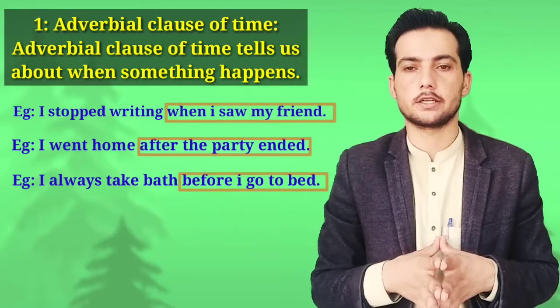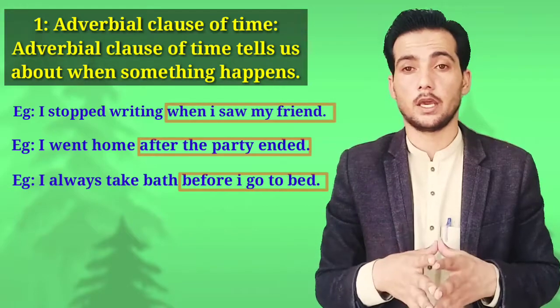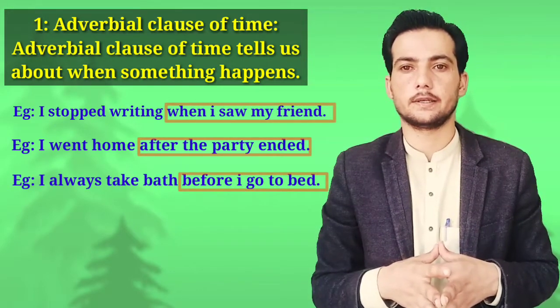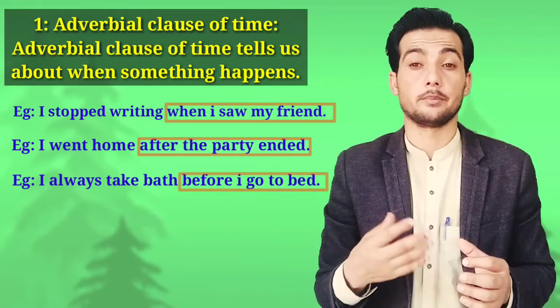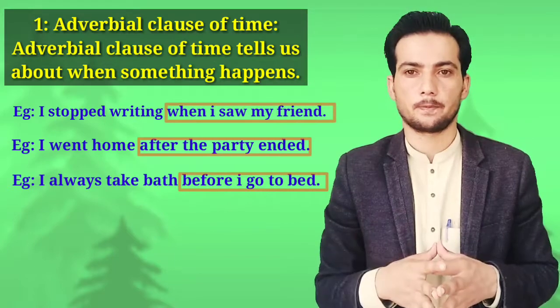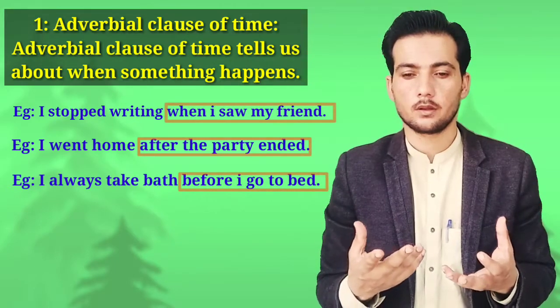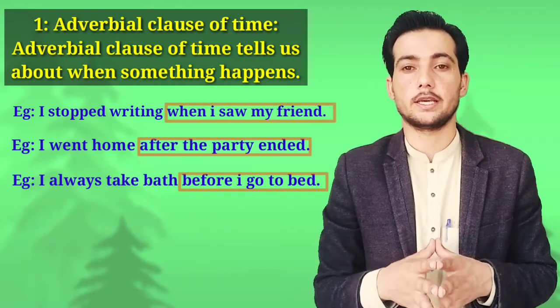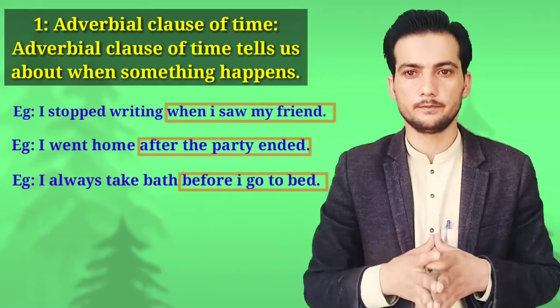And here again it consists of a subject, that is I, and go is the verb. And here it functions like an adverb because it modifies the verb, that is take. I always take bath, but when? Before I go to bed. So here before I go to bed is an adverbial clause of time.